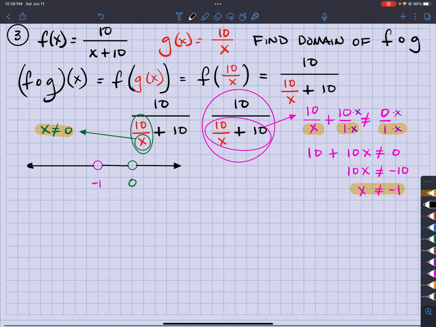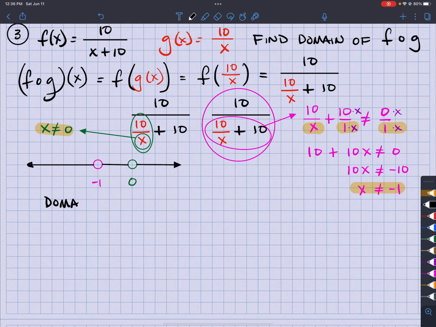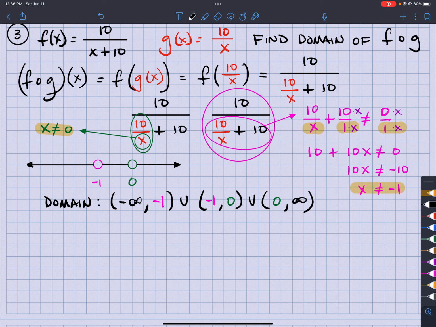So my domain is going to be from -infinity to -1, but not touching -1, union with -1 to 0, not including -1 nor 0 because we can't use those, union with 0 to infinity. So that would be my so-called domain, and that is going to be choice D.